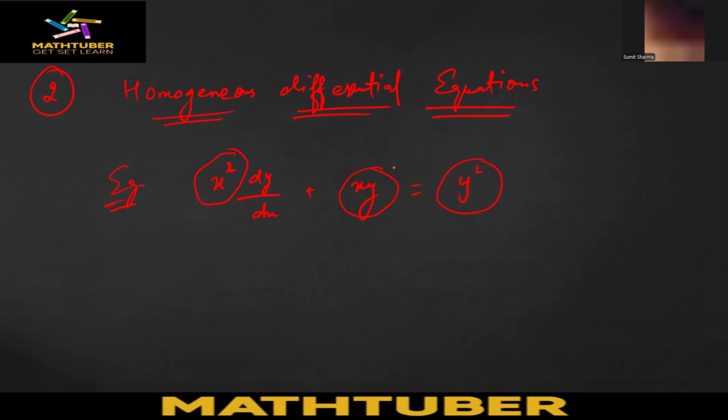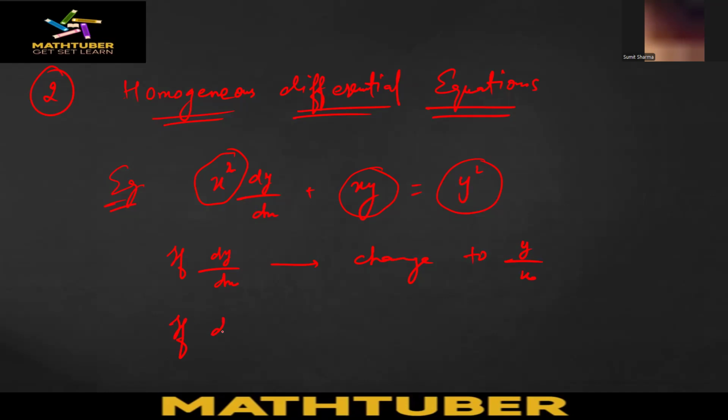Now, how to do this question? So in this question, what we have to do is change this complete differential equation in the form of y by x or x by y, right? If dy by dx is given, then change the equation to y by x.